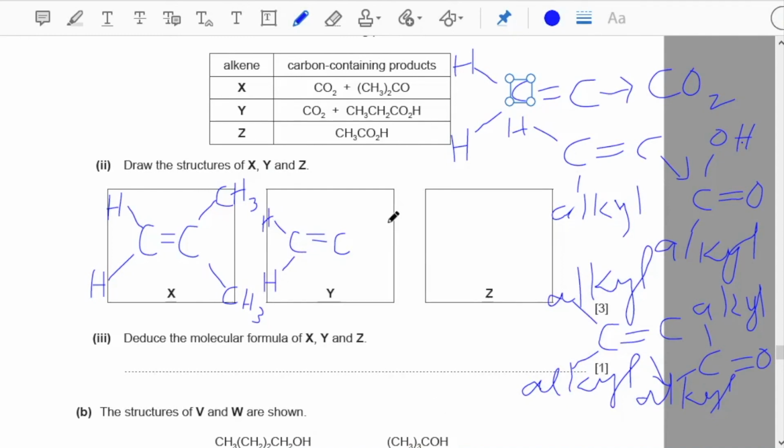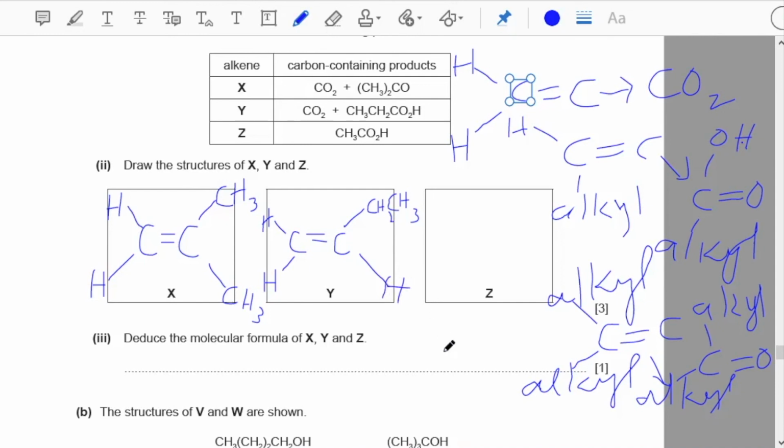And the second product is a carboxylic acid, CH3CH2COOH, which is propanoic acid, which means on the other end of the carbon-to-carbon double bond is one alkyl group and one hydrogen atom, and that alkyl group is an ethyl group. So over here CH2 and CH3 will be bonded, and one hydrogen bonded to it.